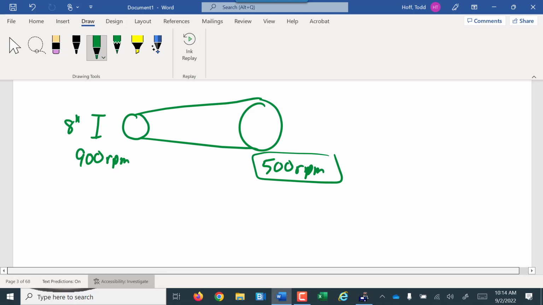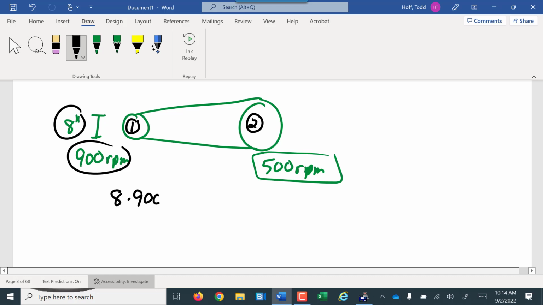So here now it's not the speed of the rotation we're looking for. We're looking for the size of the pulley that would be needed. So again, if we call this pulley 1 and pulley 2, it really doesn't matter which is which. It's 8 times the 900, 7,200, has to equal whatever this size is. I'm just going to call it D times 500.